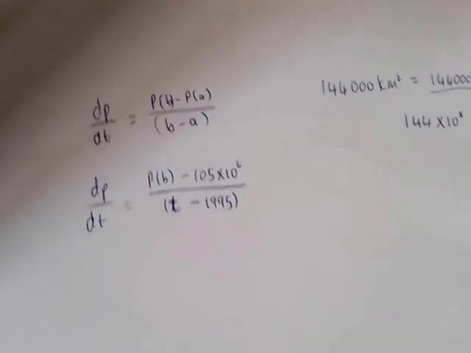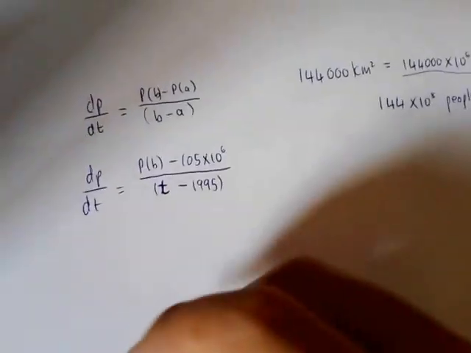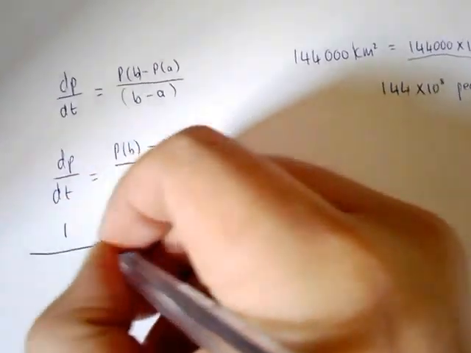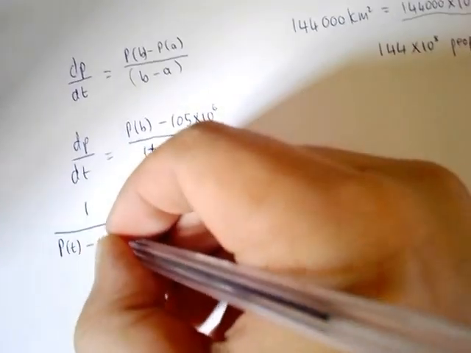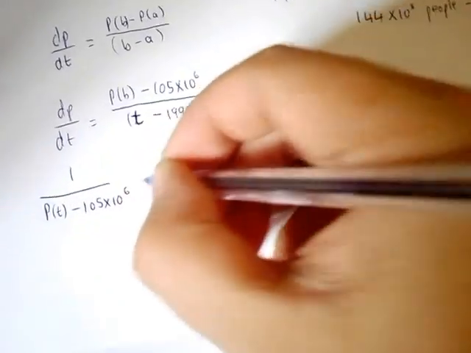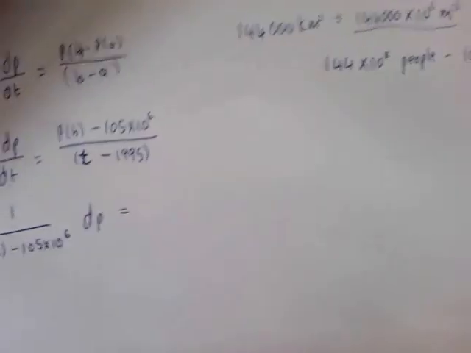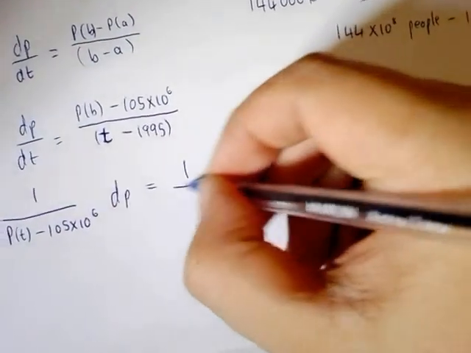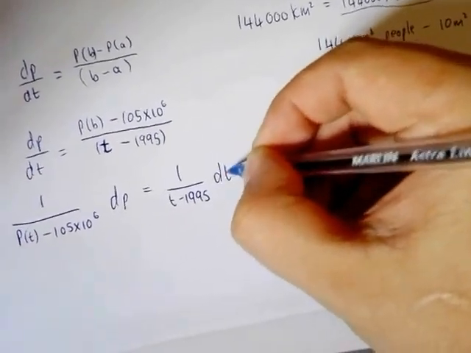So now, as you can see, this is the differential equation. It's not that hard to split up, and once it's split up you should end up with 1 over dp, which is equal to 1 over t minus 1995 dt.